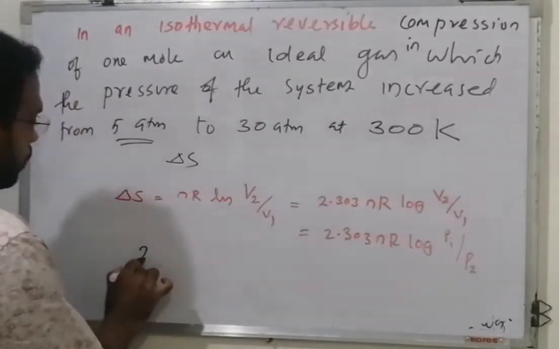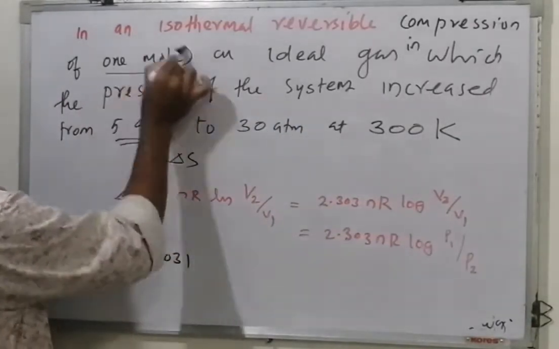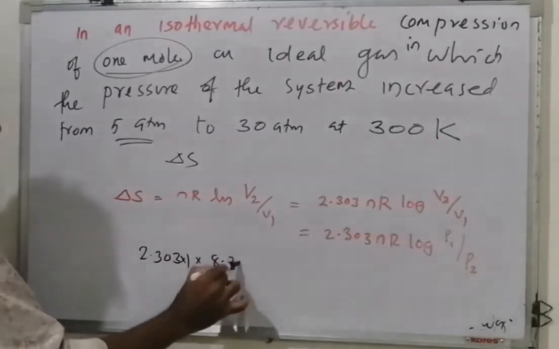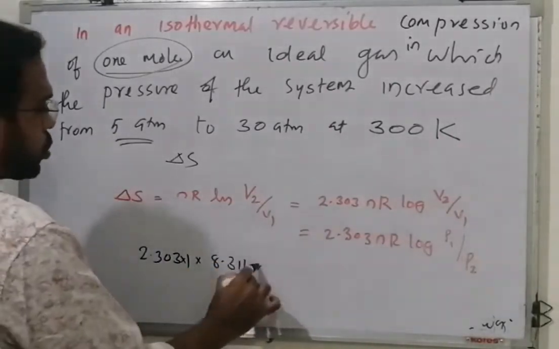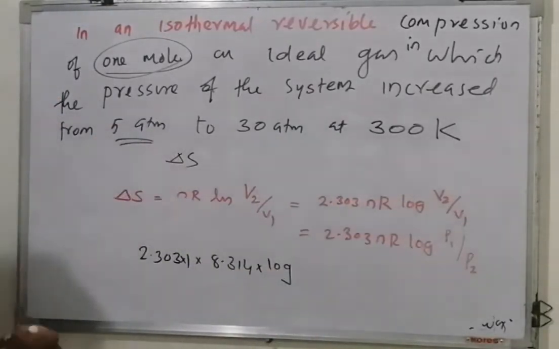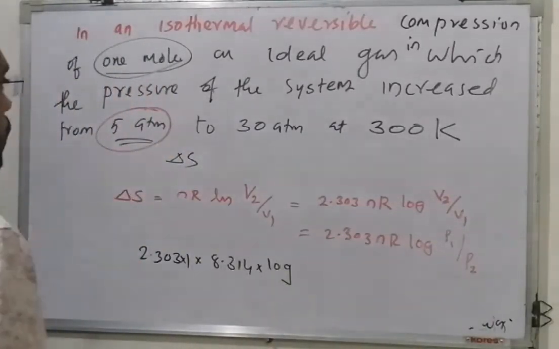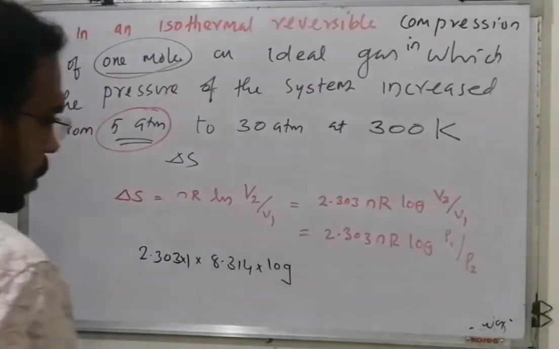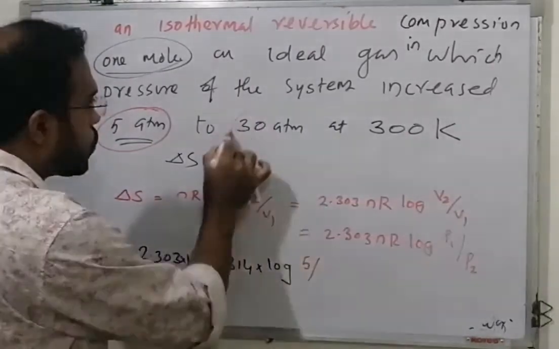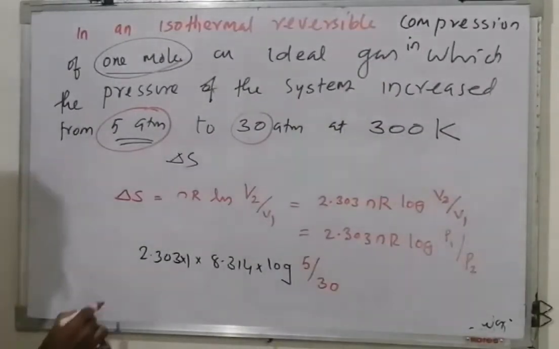What is the answer? 1 mole, into 8.314, into log of P1, which is the initial 5 atm, by P2, which is 30.